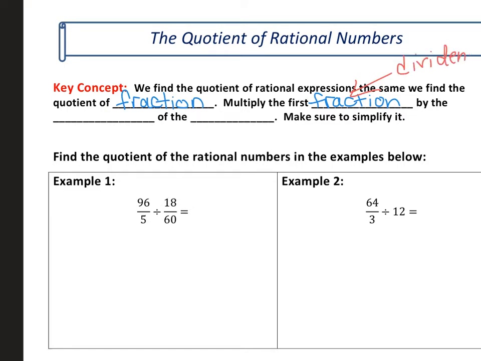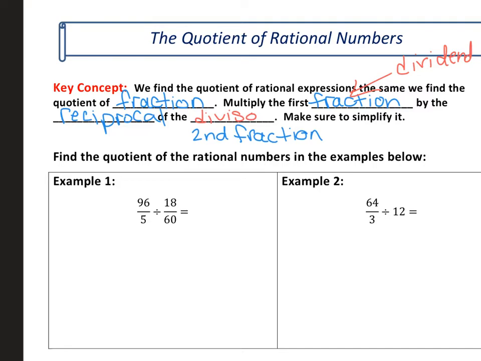And we multiply that by the reciprocal of the second fraction. And I'll just call the second fraction here the divisor. Maybe I'll label it below here. And just as in the case of multiplying rational expressions, we're always going to simplify the result.